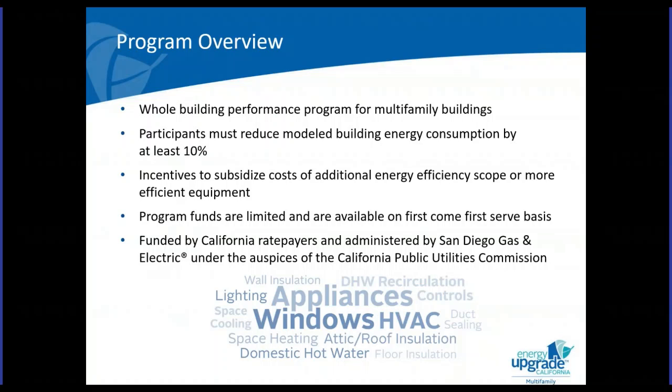And we can also do things such as attic insulation, window replacements. Pretty much we're using that energy model. If we can put the energy savings in the model, there's a good chance it's something that we could cover.